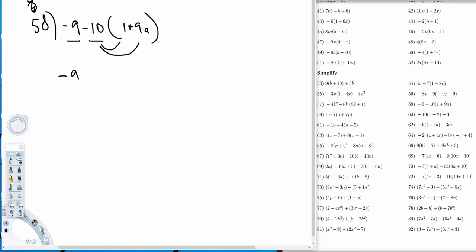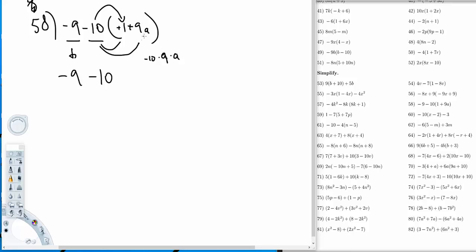So minus 9 we don't touch right now. Minus 10 times, when there's nothing in front of a number, that means you automatically assume it's positive. Negative 10 times positive 1 equals negative 10, right? Because anything multiplied by 1 is that number you were multiplying. And then negative 10 times 9a, which is really negative 10 times 9 times a, right?